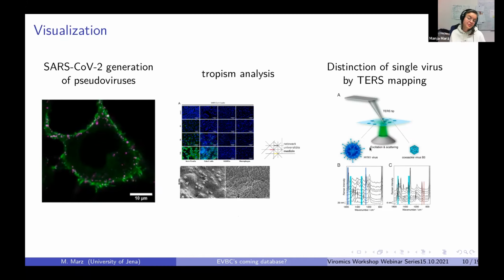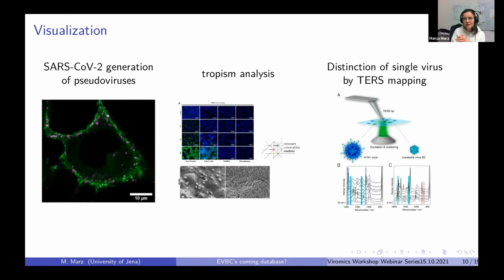Or maybe here's an example of one group which is pretty exciting. They are using the technique TERS. TERS stands for Tip Enhanced Raman Spectroscopy. What happens there is you have a very tiny tip that goes down to the nanometer scale. And then you have a virus, and it can actually screen the surface of the virus.